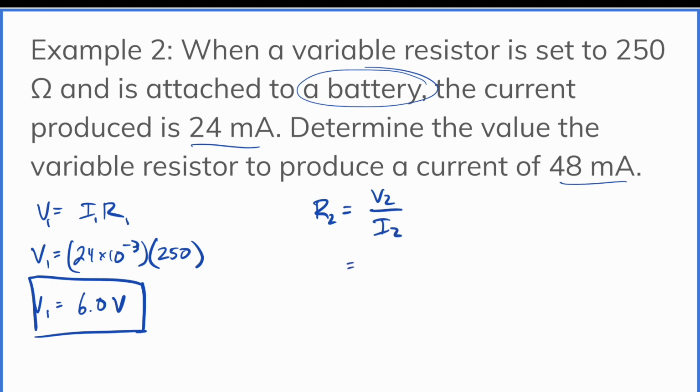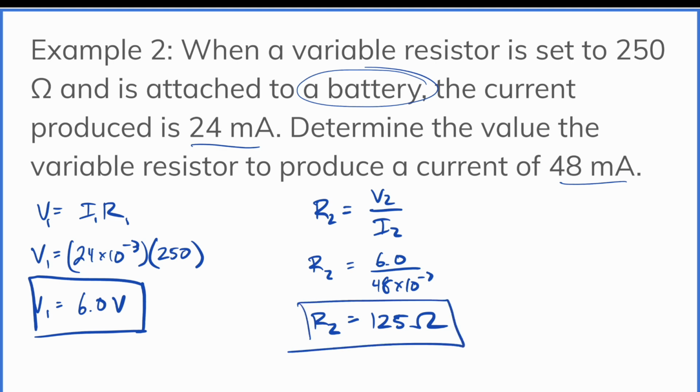That's going to be 6 volts over 48 milliamps, and we get a value of 125 ohms. This is how we do it mathematically through equations. But if you want to think about this logically, if I want to double the current, it means I need to halve the resistance. And so that's what we ended up doing.